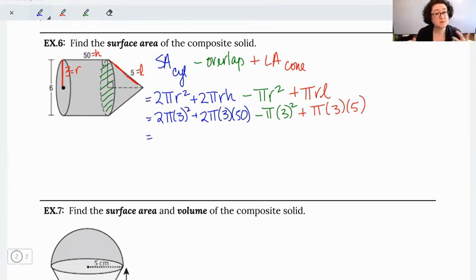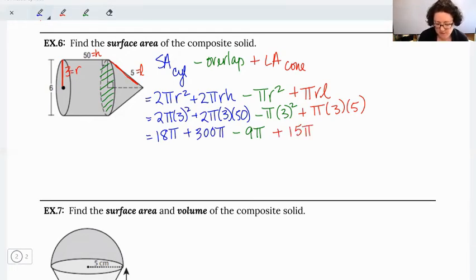So I'm just simplifying the rest of the constants that are in each term. 2 times 3 squared, aka 2 times 9, gives me an 18 pi. 2 times 3 times 50 gives me 300 pi. And our green, again, we're subtracting out that overlapped circle, 9 pi. But we're still adding in pi times 3 times 5, in other words, 15 pi.